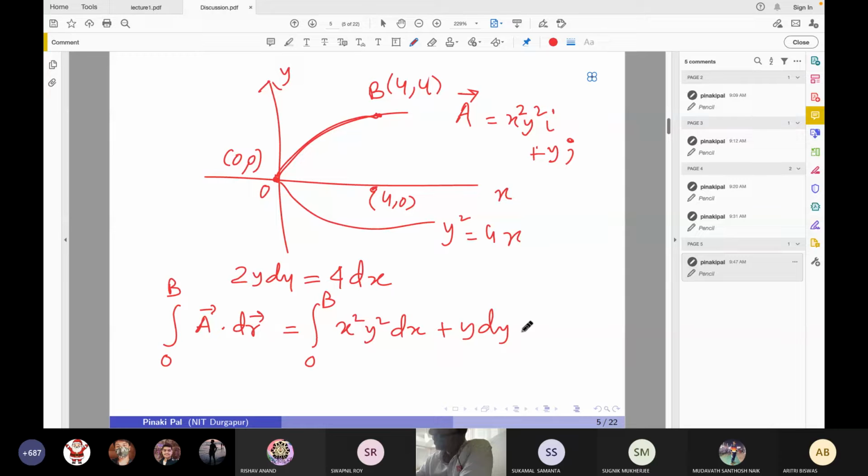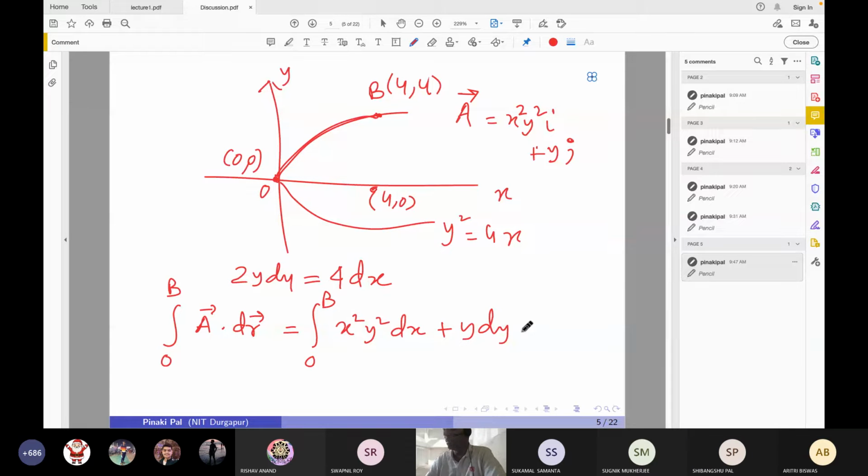Sir, we are replacing y square with 4x in the dx part, and y dy, y goes from 0 to 4. So we are moving along the curve while integrating.